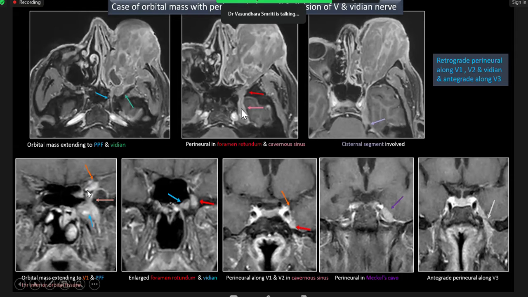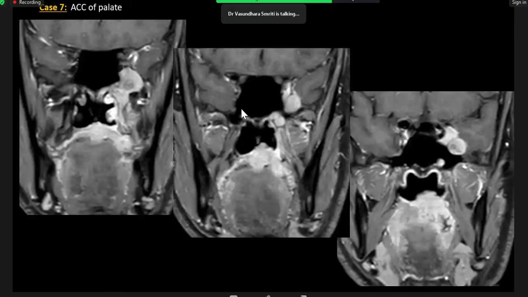At the same time, there was soft tissue into the superior orbital fissure. The foramen rotundum, the Vidian was involved, as well as there was an involvement of the ovale. So there was a V1 involvement, a V2 involvement, retrograde involvement, and an antegrade involvement of V3 nerve, as well as a Vidian involvement through the interconnection.